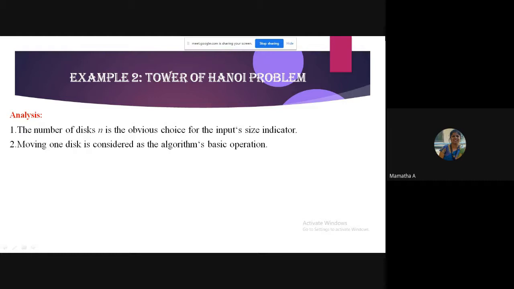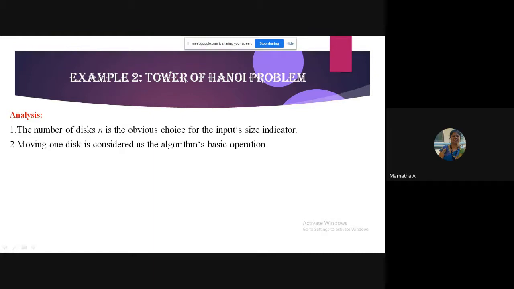What can be the type of input? Any idea? The shape of the disk. Suppose I keep a rectangular disk on my peg. Will the number of movements change, or is it 7 only? It is 7 only.